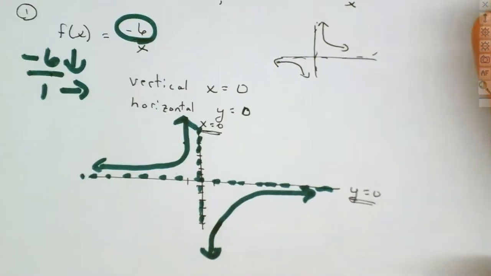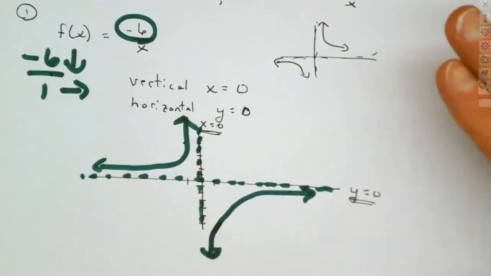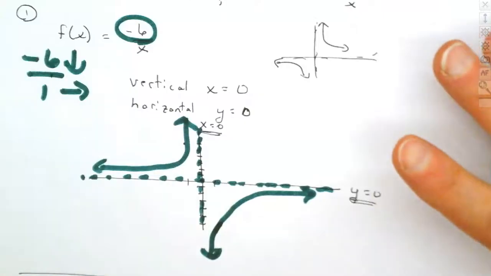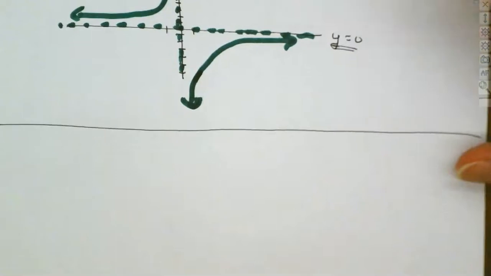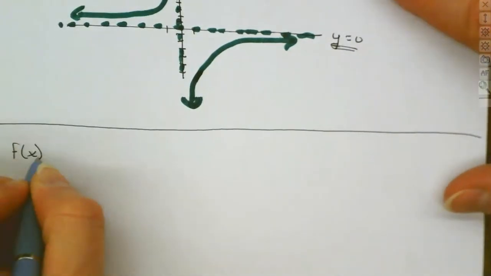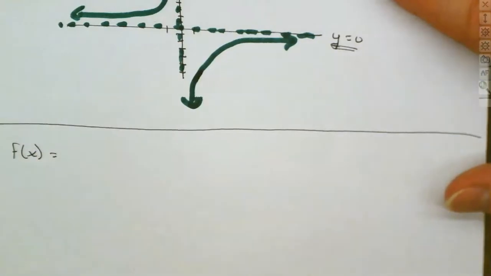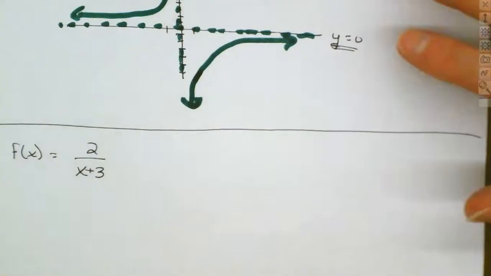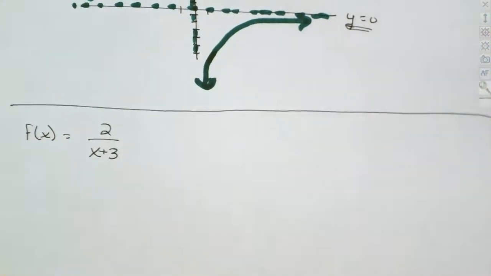Now the next one, question 2, is similar, but it's being slid over. So for the second one, we want to graph f of x equals 2 over x plus 3. Now, what does that 3 do?